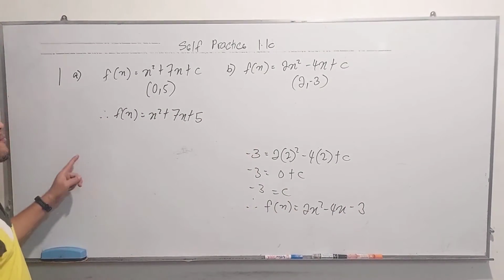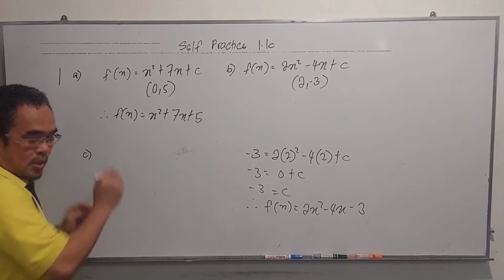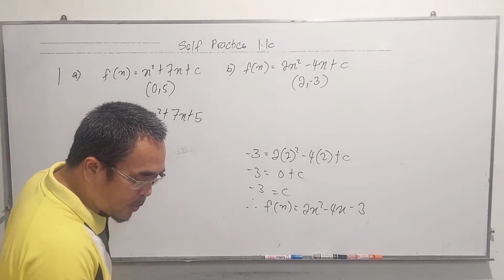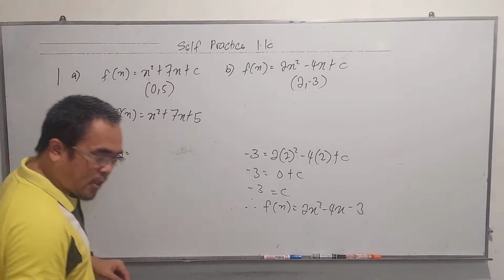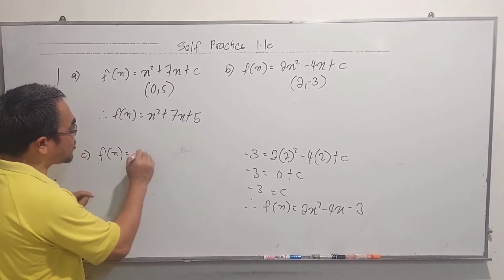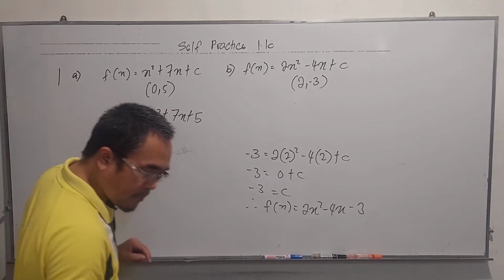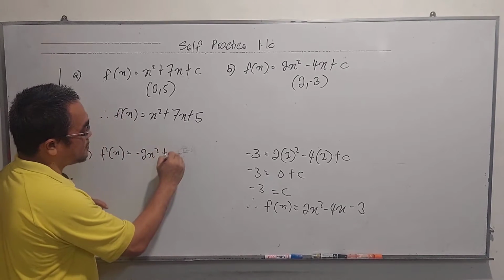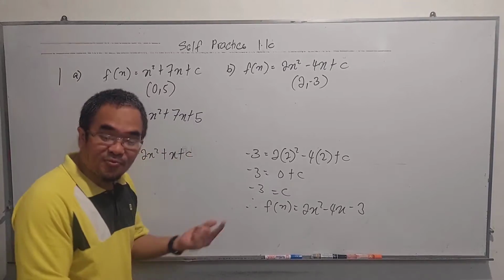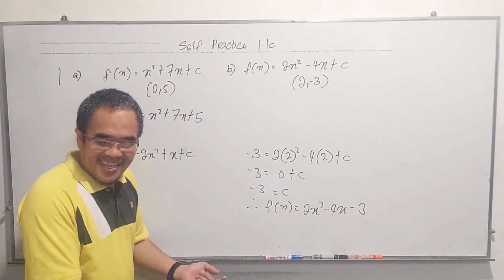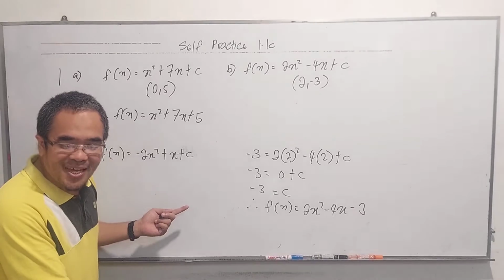Okay, let's discuss c first before I let you copy or redo on your own. So f(x) will be equal to negative 2x squared + x + c, and the y-intercept is 4. Okay, so what you have to do here?